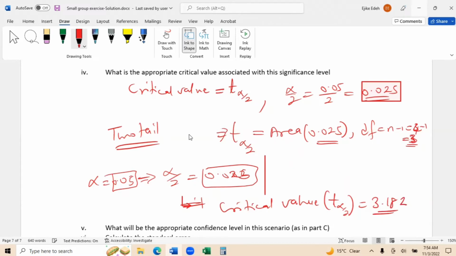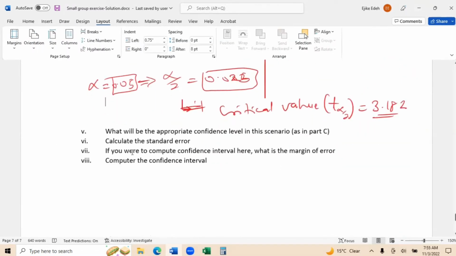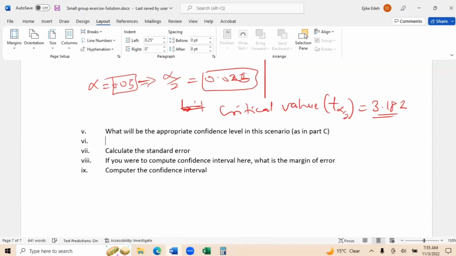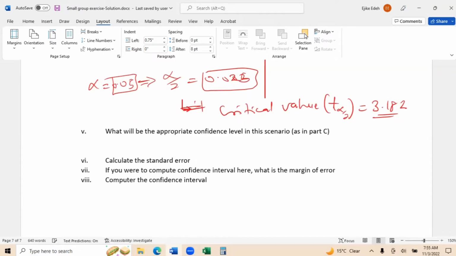Okay, so I'm going to go ahead and do the appropriate confidence level. So this question says, what is the appropriate confidence level? The confidence level will be 1 minus alpha, right? We did this under chapter 7, remember that.